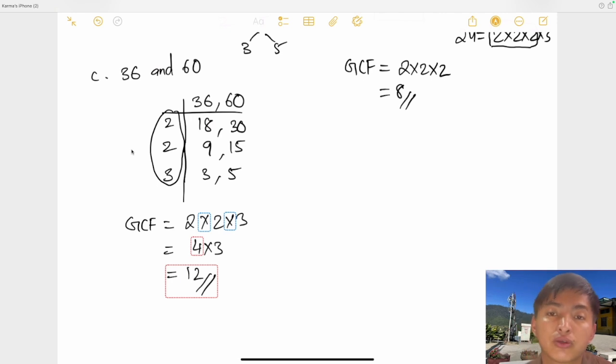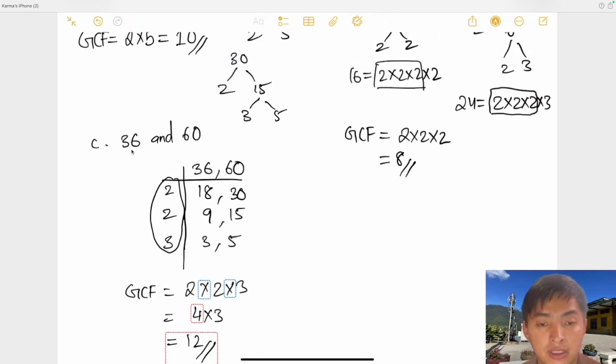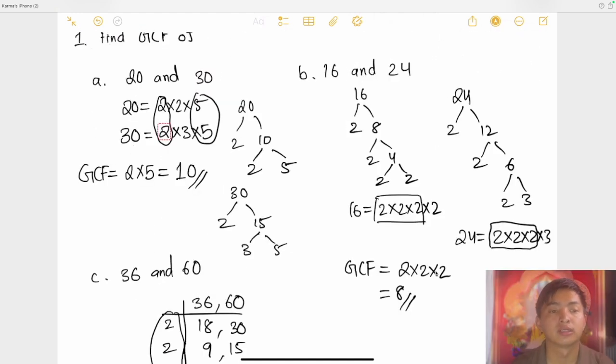So that is how you find GCF using prime factorization and division method. Now I know I haven't used the first method, which is listing factors. The main reason I didn't use listing factors is because the numbers here are relatively large.